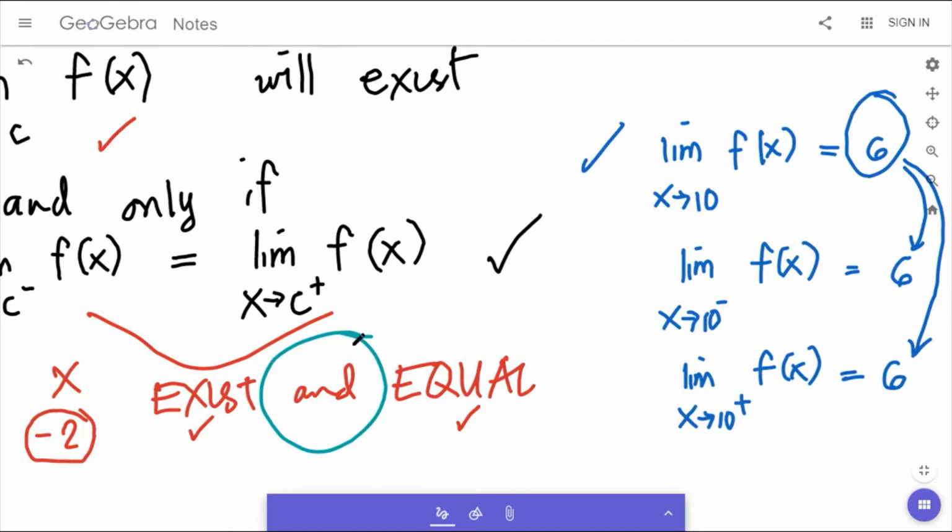So, ibig sabihin nito, the absence of the other would mean not following the condition. So, kung nag-exist lang yan, sabi niya, pero hindi sila equal, then the two-sided limits will not exist. However, if they both exist and both equal, then definitely that real number will always be the limit.